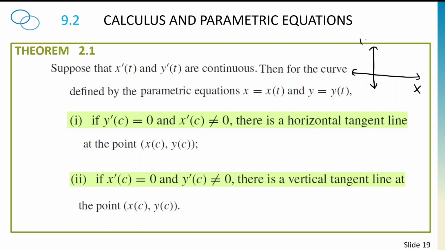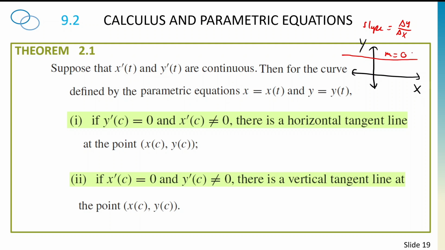If I have the xy coordinate, remember the slope is the change of y over the change of x, rise over run. So if I have any horizontal line anywhere, the slope is 0. There's no change.